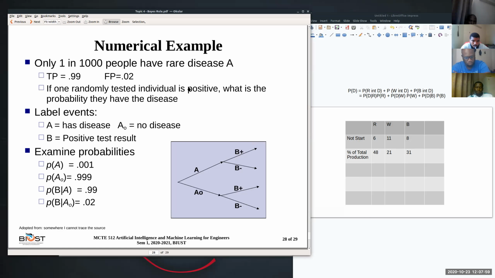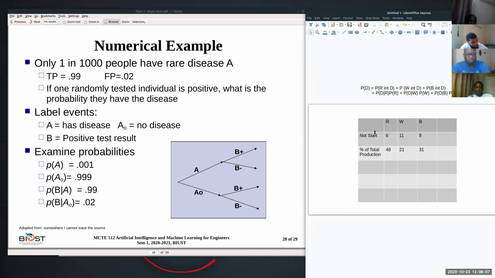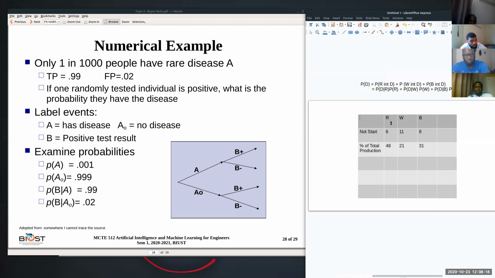Okay. So there's another example: 1 in 1,000 people have a rare disease A. Okay, let's just delete the extra slide because we don't need it.